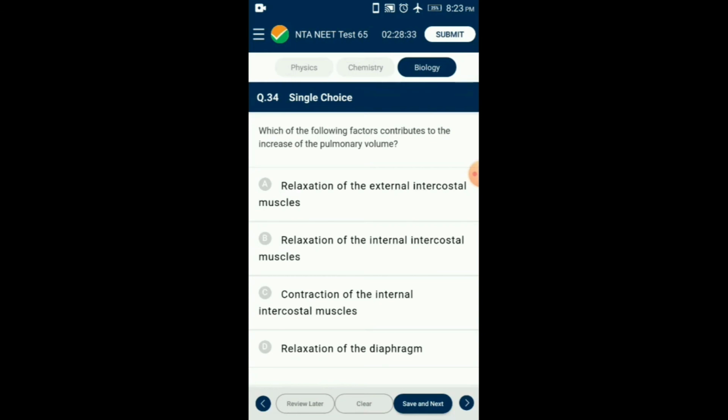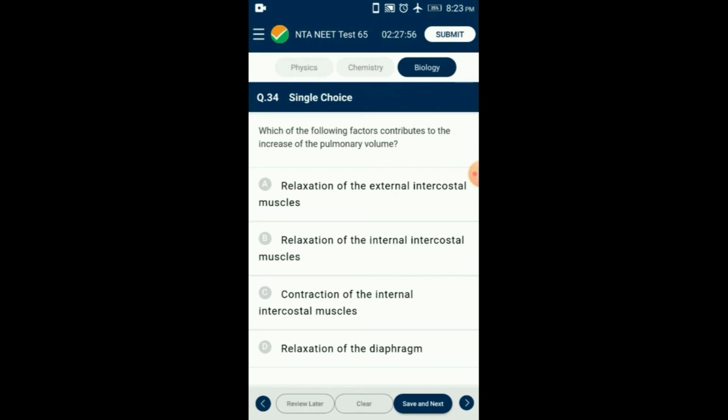The contraction of external intercostal muscles and relaxation of the internal intercostal muscles lifts up the ribs, that means upwards and outwards, and the sternum, causing the increase in the volume of the thoracic chamber in the dorsoventral axis. The overall increase in the thoracic volume causes a similar increase in pulmonary volume, and increase in pulmonary volume decreases the intrapulmonary pressure to less than the atmospheric pressure, which forces the air from the outside to move into the lungs.